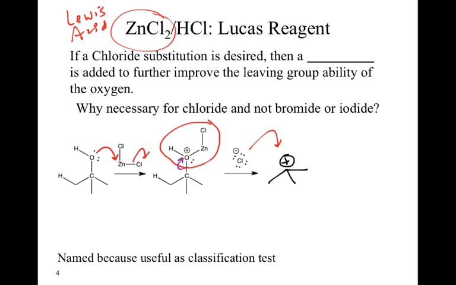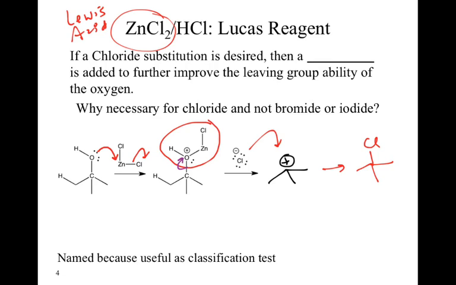The reason that this reaction gets named as opposed to just listing the reagents is because this combination of reagents was used as a classification test in the old days, which we will probably use in lab as well. What it helps you classify is based on the speed of the reaction, or the speed of a result. In the course of this reaction, you end up converting your alcohol over to an alkyl halide, or an alkyl chloride.